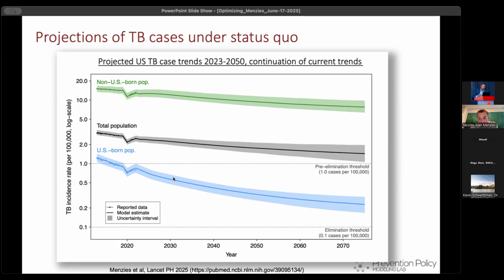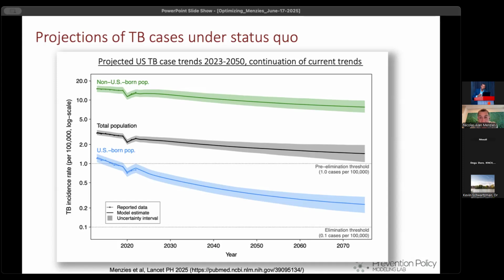Faster rate of decline amongst US born individuals, but certainly if we look at the overall population, we're going from like 2.5 to 3 in 2023, I think, down to just below 2, a long way into the future.